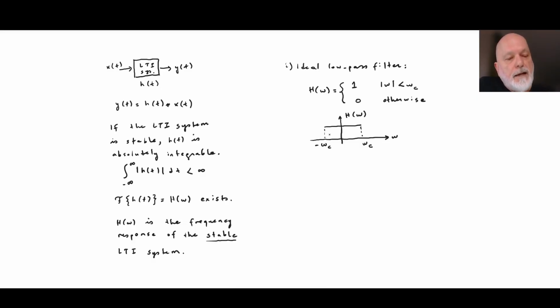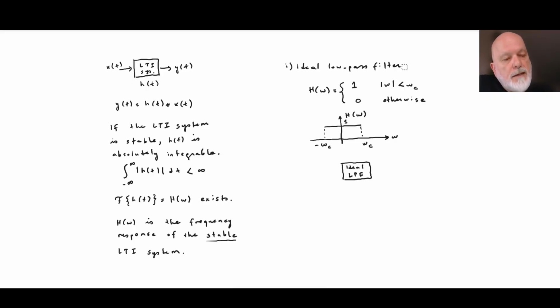Okay? So, as the name implies, the ideal low-pass filter passes low-frequency components and rejects the frequency components with frequencies greater than omega c or less than minus omega c. Okay, so we have the ideal low-pass filter.